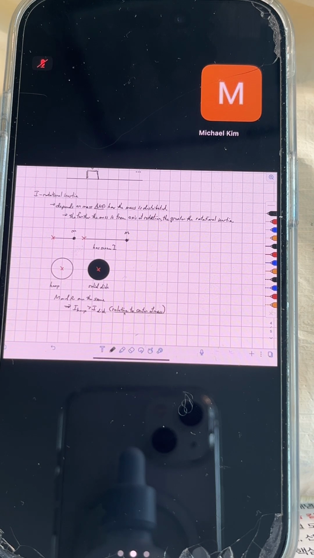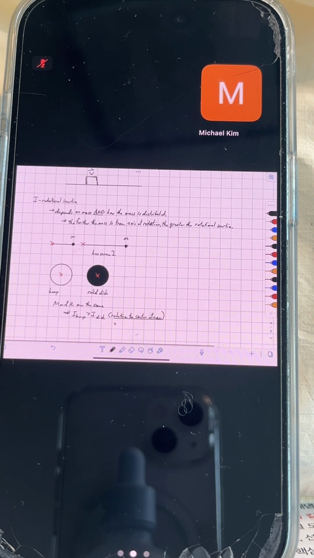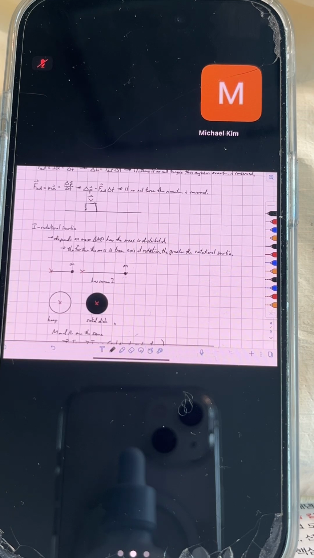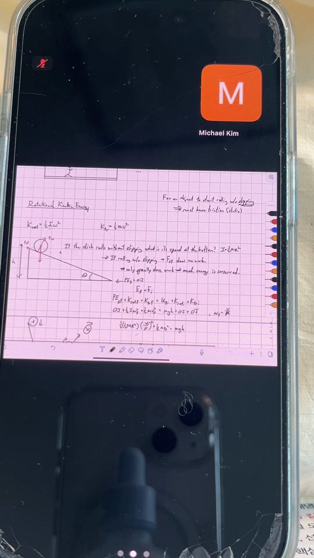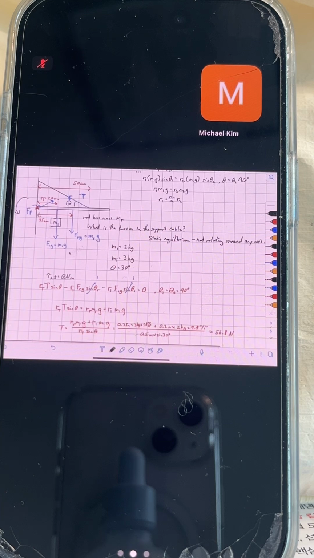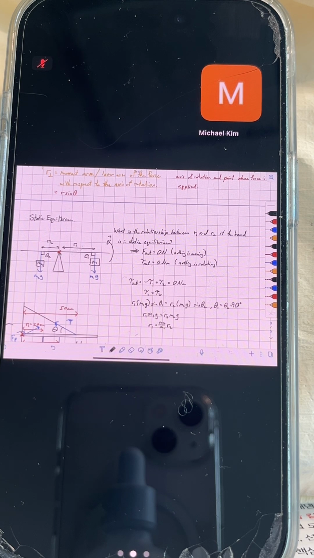One thing to also point out, and I'll try to be careful about this, is that when you talk about things like rotational inertia, angular acceleration, torque, all of our rotational motion quantities are always calculated relative to your axis of rotation. So you need to make sure you're specifying where you're taking your axis of rotation to be. A lot of times it's clear where you should pick it. For example, in this case it makes sense to pick this as your axis of rotation, because that is what we're going to rotate around.